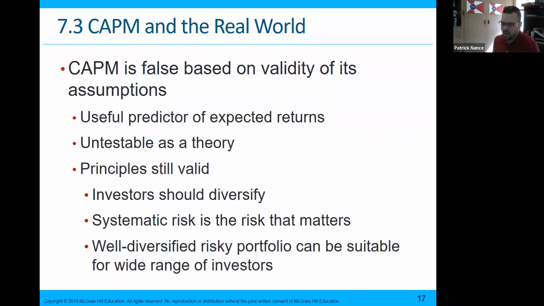It's more like a model that you can utilize to take a guess, but it's certainly not going to be perfect. It's a useful predictor of expected returns. It's untestable as a theory. Why is it untestable as a theory? Because those assumptions are not true, and there's not a place where those assumptions are true.